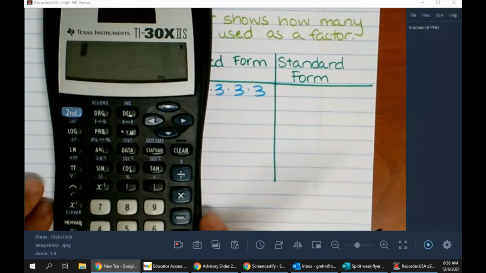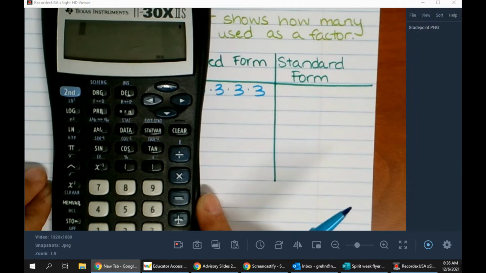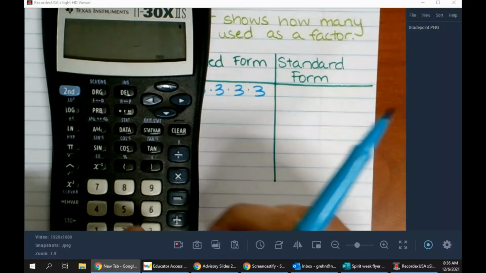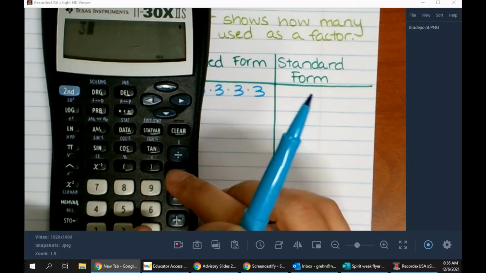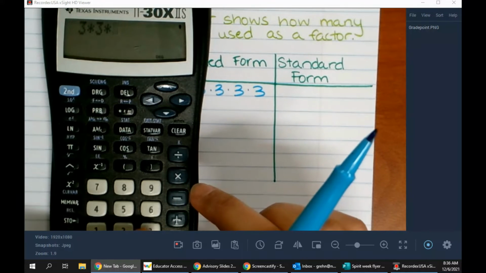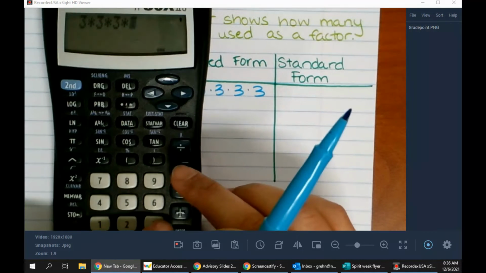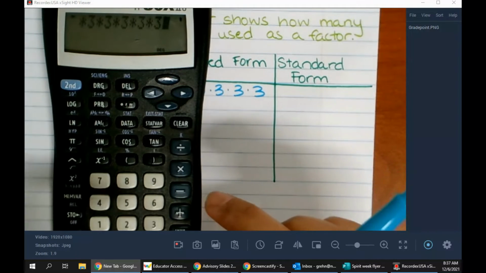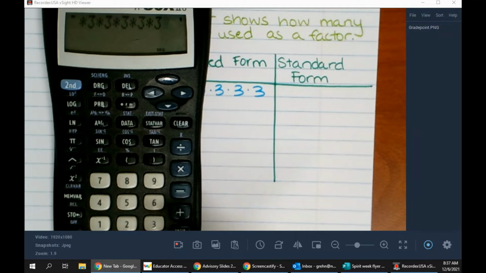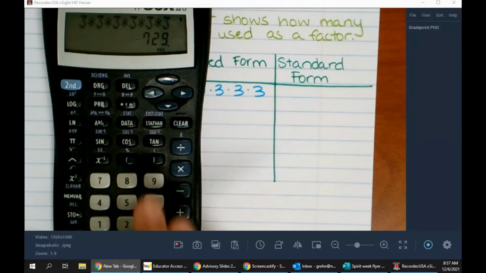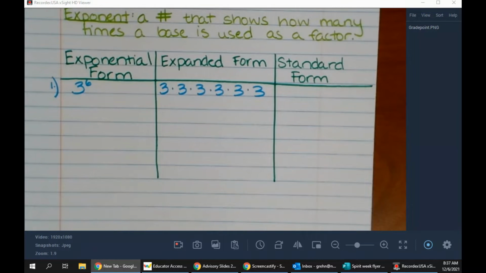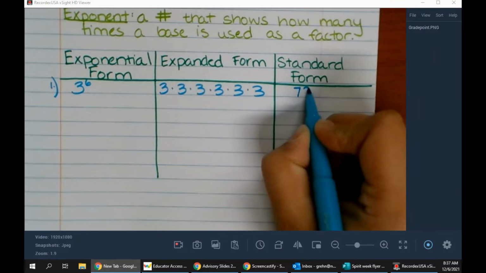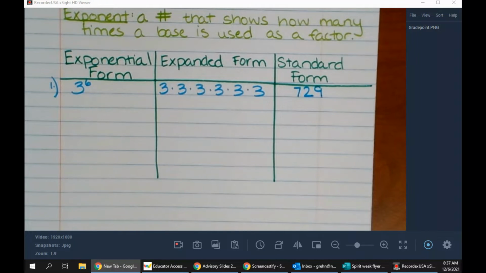So what I like to do is I like to count as I type it in. I know I need 6 threes. So I'm going to count 1, 2, 3, 4, 5, 6. And after that sixth 3, I'm going to hit equal. And I see it's 729. So our standard form is 729.